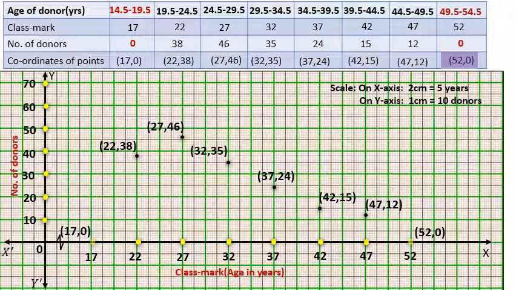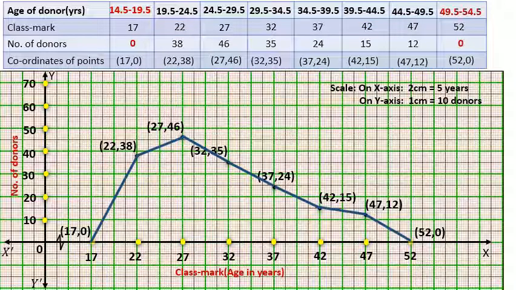The last point 52, 0 will again lie on the X axis. Now we join the successive points by straight line segments. Thus a frequency polygon for the given data is drawn.